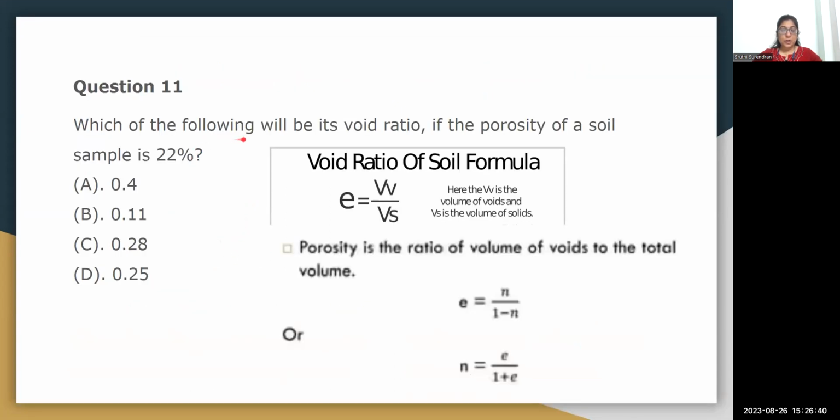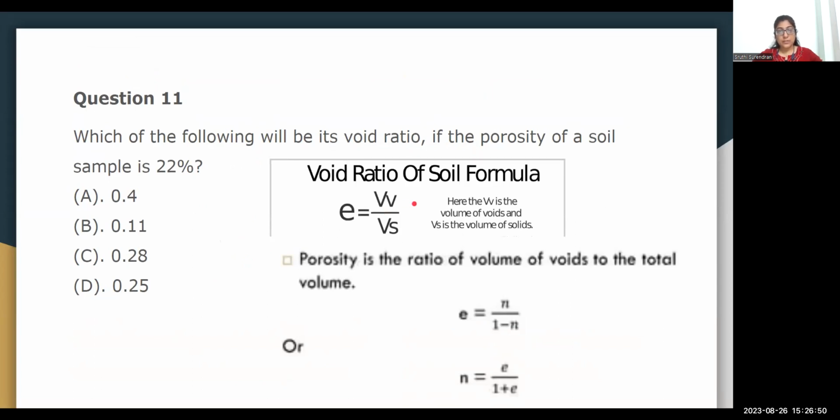Okay, so which of the following will be the void ratio of the soil if the porosity of the soil is 22%? So void ratio, I had explained earlier, is the volume of the voids to the volume of the solids, and porosity is the ratio of volume of voids to the total volume of the soil. Now, porosity and void ratio are linked in the following way.